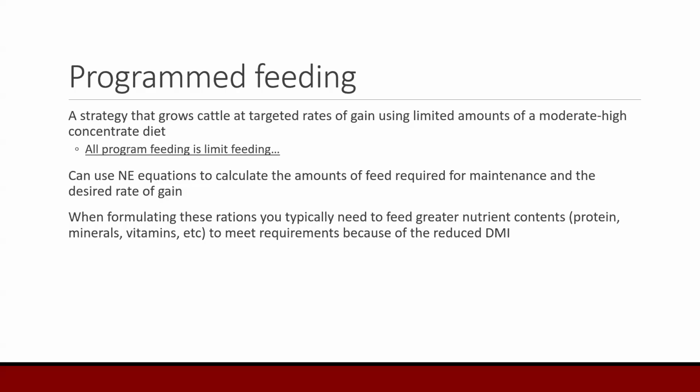And then you can adjust your feed delivery based off of that animal's body weight at that time, because as animals get heavier, their NEG requirements go up, their NEM requirements go up, so it takes more pounds of feed to achieve that same level of gain. Make sense?